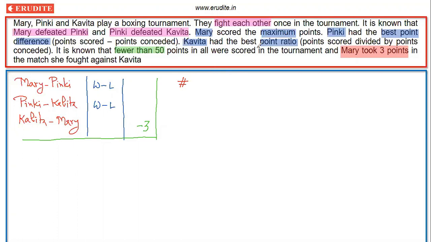This will imply that Kavita's total point difference must be at least +1.